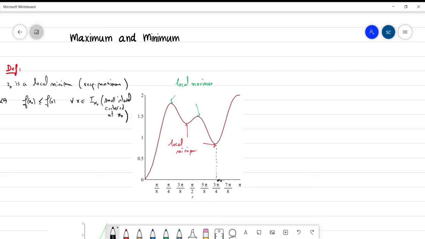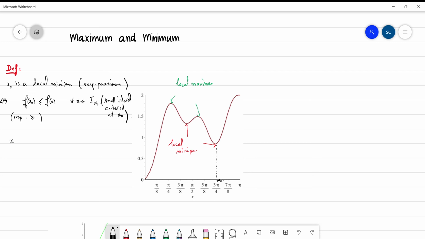Respectively, for the maximum we should have the inequality f(x0) greater than f(x); I will just write greater than for the comparison, so it remains bigger than the other values. So this is about local points.